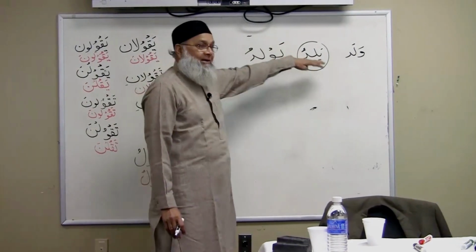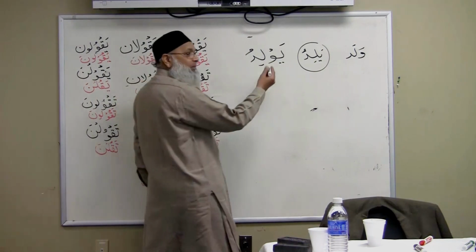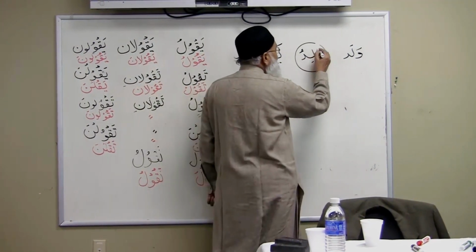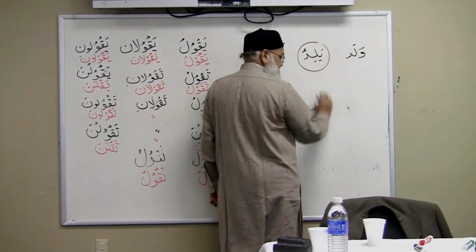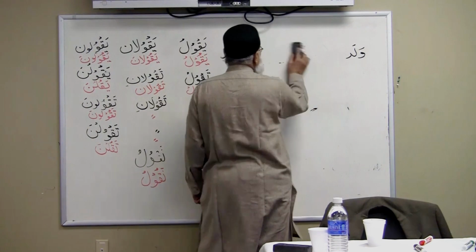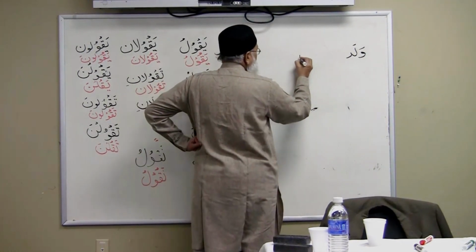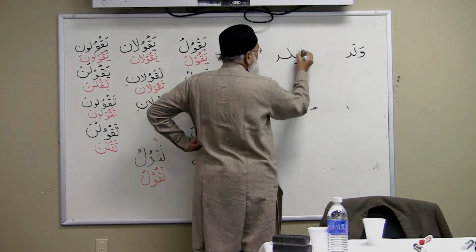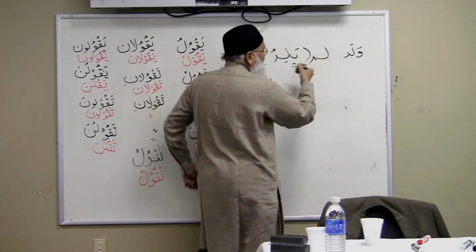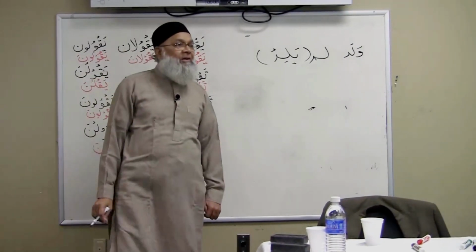The waw was dropped right here. Then when it comes to the lighter form, it will become yalid. And when you add lam to this, it will become lam yalid. He never begot.